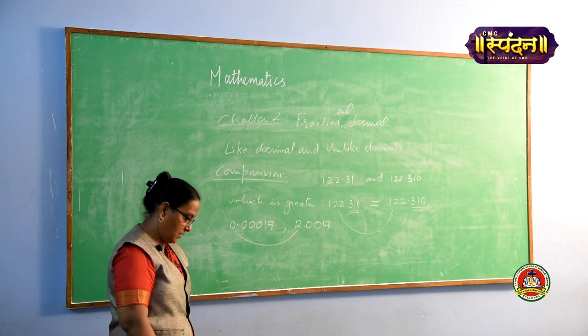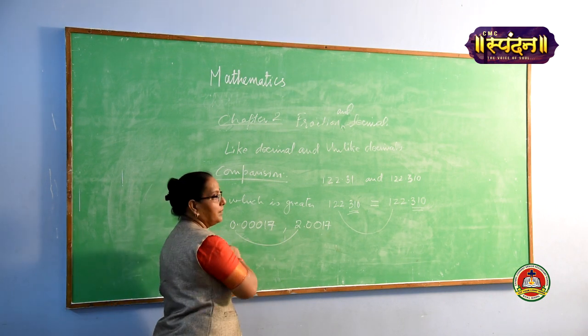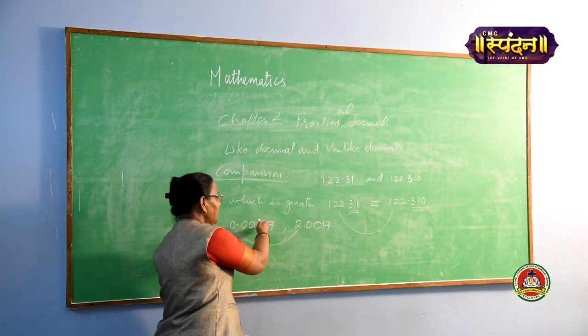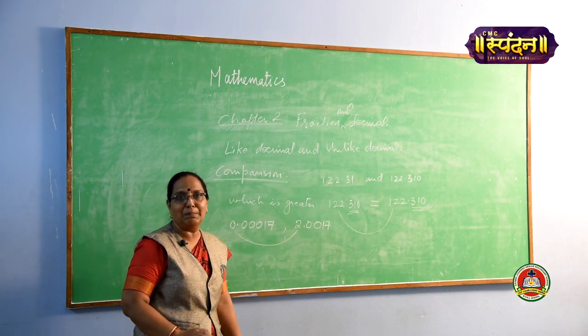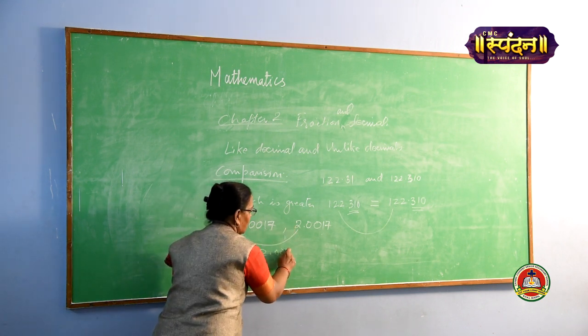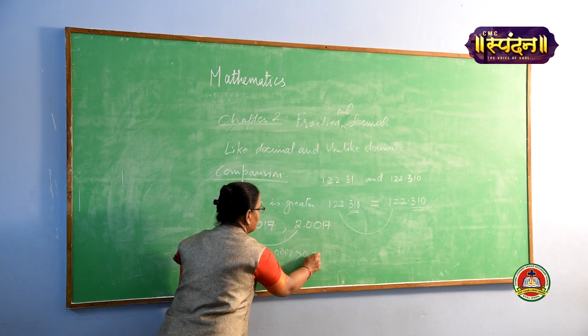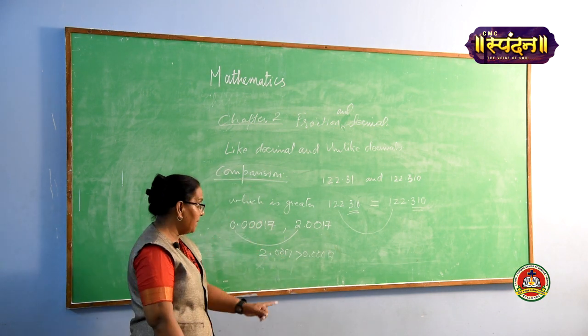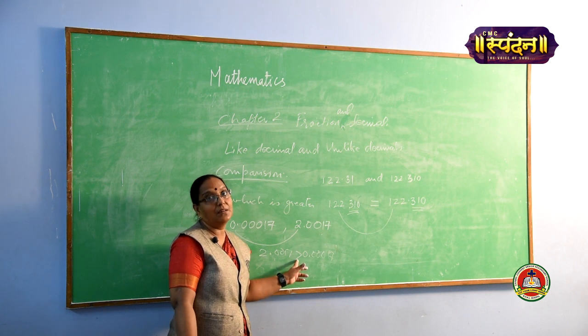First you compare this. When you compare, you see that this number is greater. So at that time it is not compulsory to check the decimal part also. Directly you can write 2.0017 is greater than 0.00017.